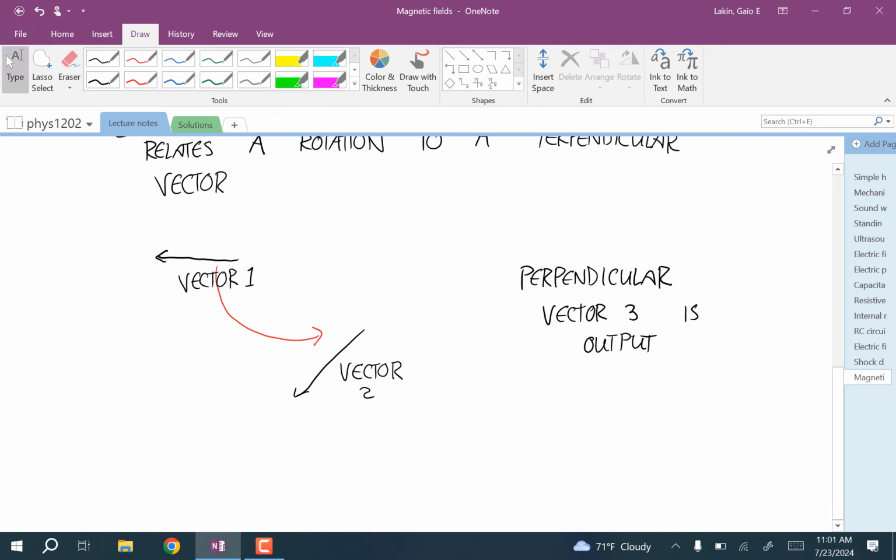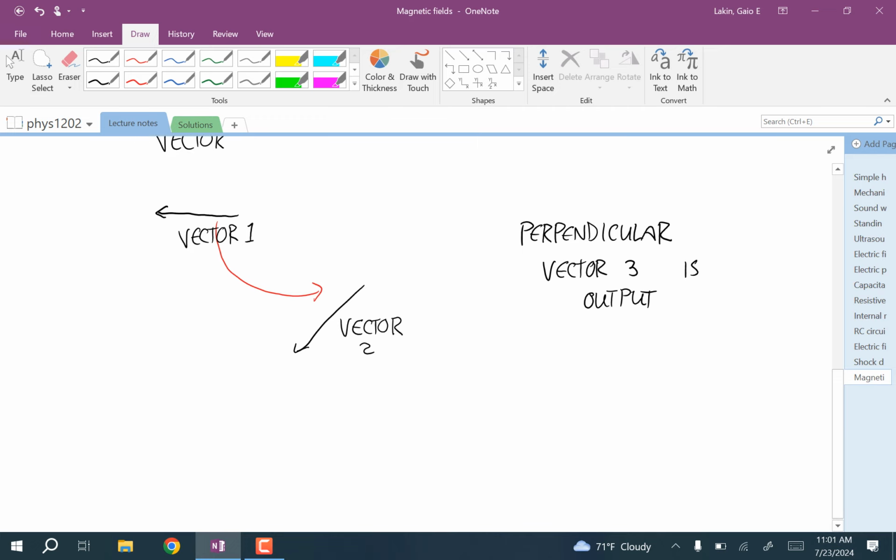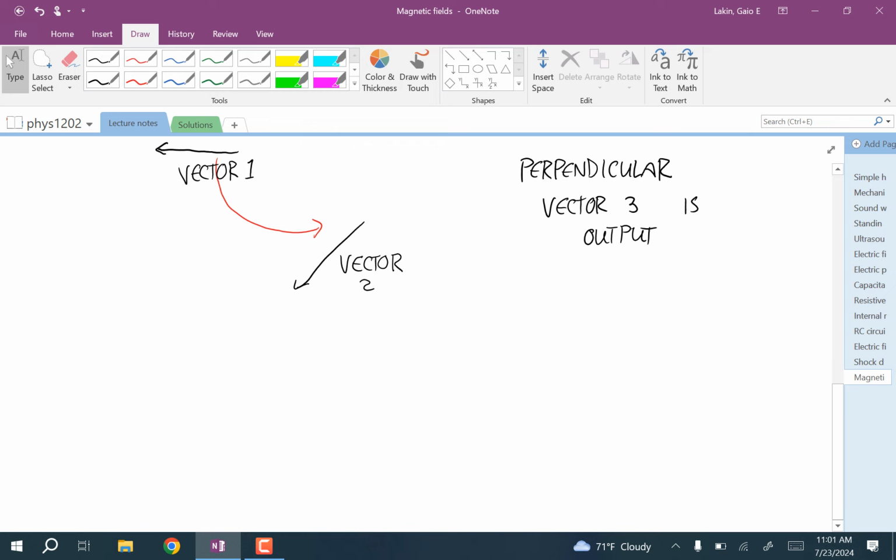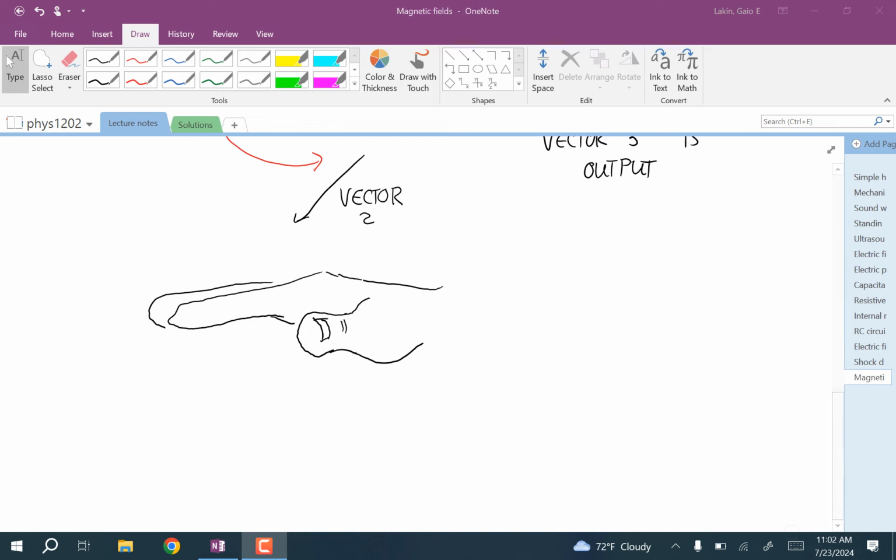Okay, so where does the right-hand rule thing come into it? I'm going to do a little time-lapse photography here so you don't have to watch me draw. Okay, so this is a right hand, and this is the position of the hand representing vector 1. So vector 1 would be coming out of your fingers like this.